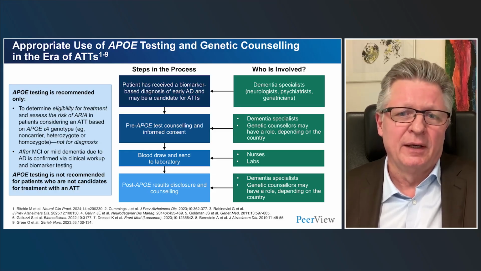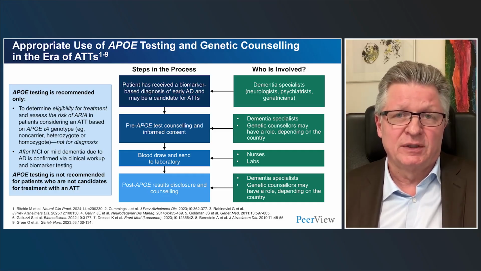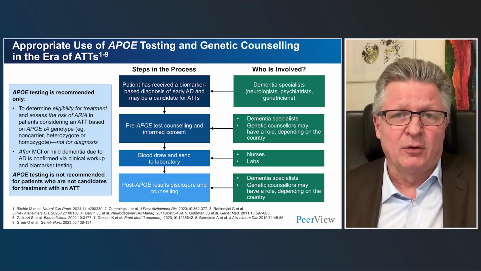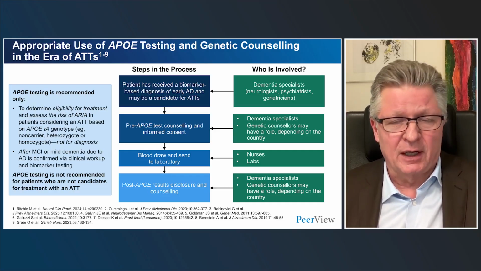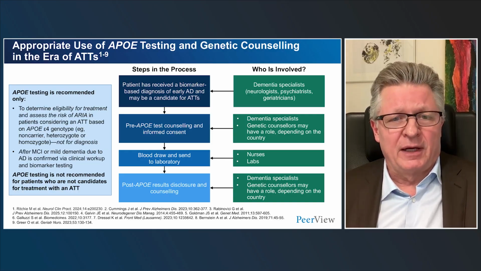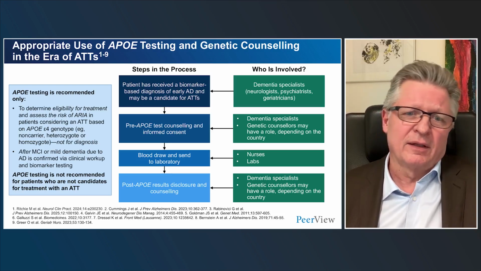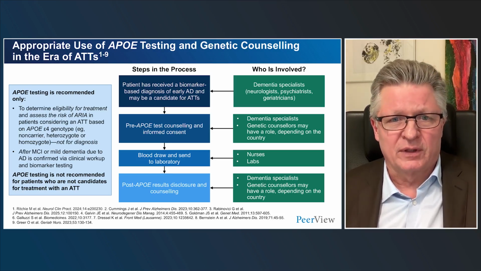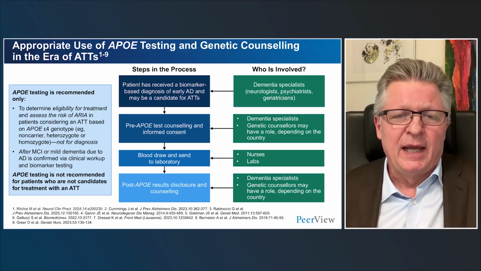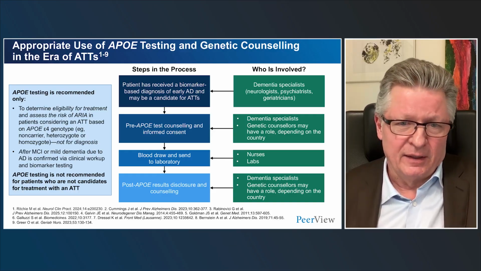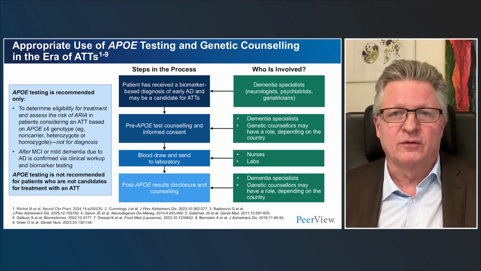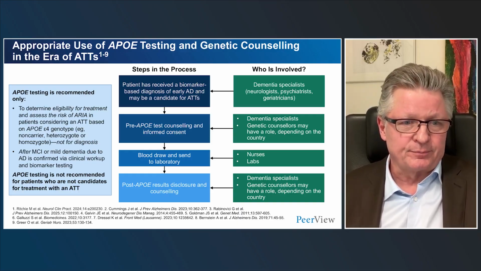This is usually done by a dementia specialist, sometimes, depending on the region, also by genetic counselors. Then if the patient consents to APOE4 testing, there's a blood draw, of course, and the sample is sent to a laboratory. And then when the result is there, there is the APOE4 disclosure and counseling.